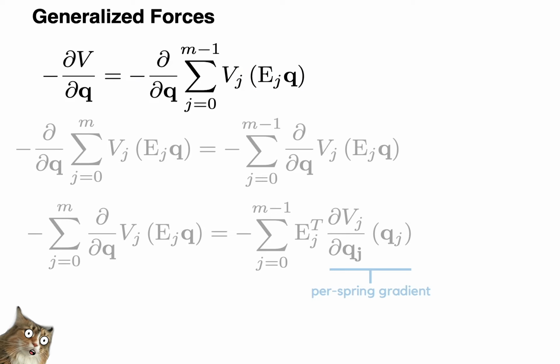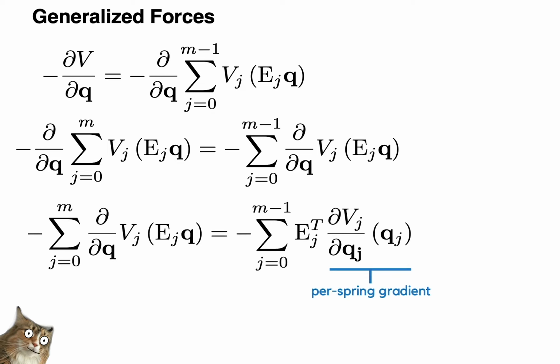Due to the linearity of the gradient operator, the gradient of a sum is equal to the sum of the gradients. Differentiating the per spring potential energy with respect to the generalized coordinates gives us a more useful formula which expresses the generalized forces using a sum over all of our springs.